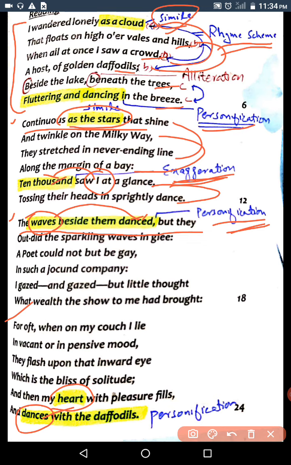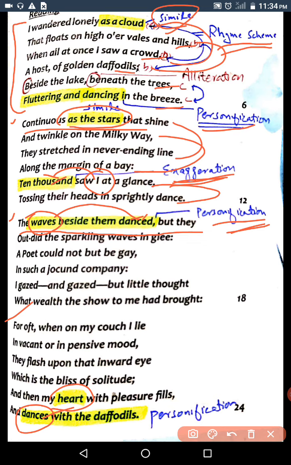So do you think the poet can count them? 1 2 3 4 and 10,000. It is impossible. So this is called exaggeration. Okay, so I hope that all these concepts are pretty much clear because I showed them practically to you in the text of the poem.